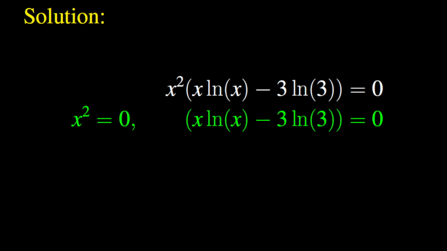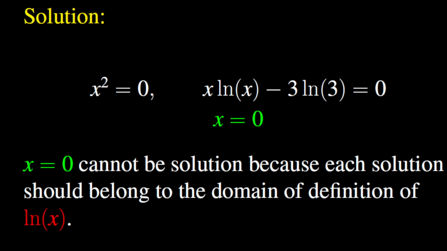Now, given that we have a product of two quantities equal to 0, each of these quantities should be 0. So we end up with two equations: x squared equals 0, and x times log of x minus 3 times log of 3 equals 0. The first equation, x squared equals 0, leads to x equals 0.